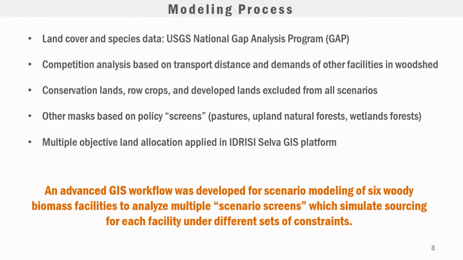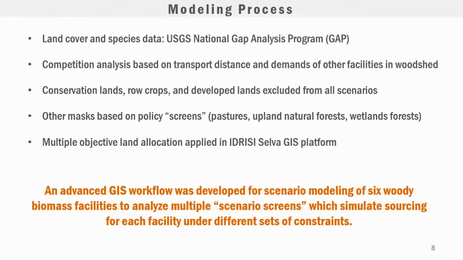We looked at different land uses, conservation lands, row crops, developed lands. These are all excluded from the scenarios. There were other masks based on certain policy screens, and each facility had different things that needed to be considered in terms of sourcing screens due to the nature of that facility's land cover.